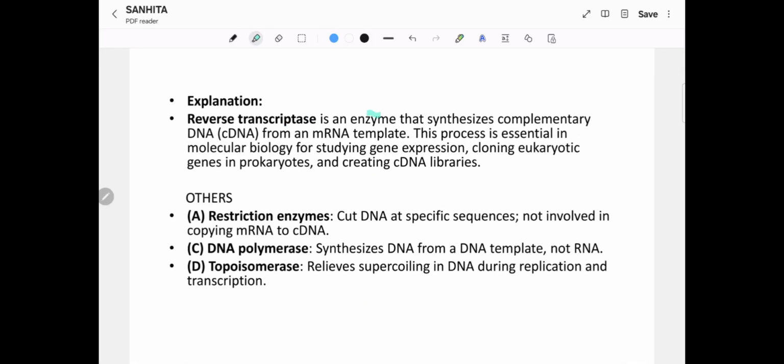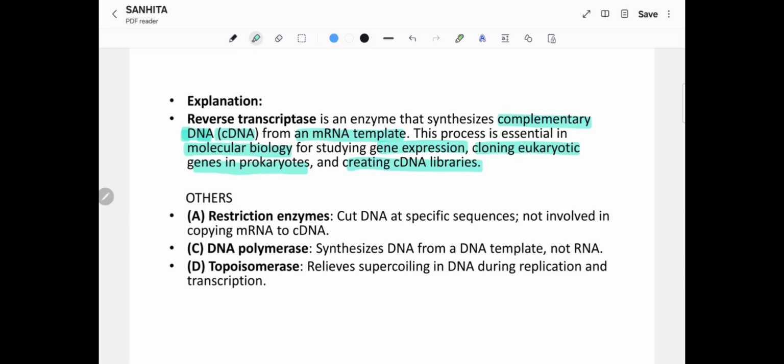Reverse transcriptase is an enzyme that synthesizes complementary DNA, that is the cDNA, from an mRNA template, and this process is essential in molecular biology for studying gene expression, cloning eukaryotic genes in prokaryotes, and creating cDNA libraries.